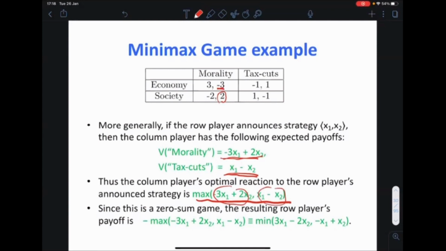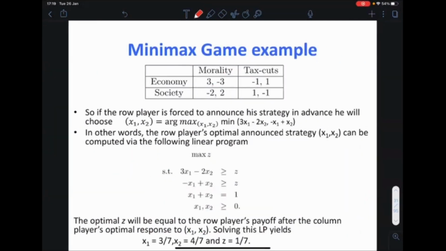And since this is a zero-sum game, looking at the structure, instead of doing this max, I can do a minimization of the opposite value. So instead of maximizing those values, I minimize those values. So this is reviewed here. Okay, I minimize those values.